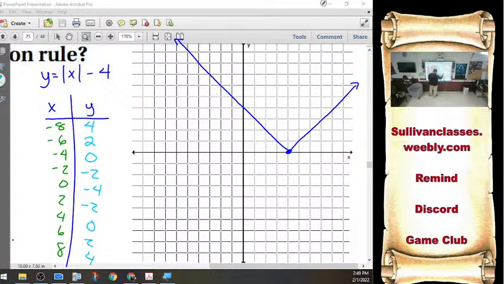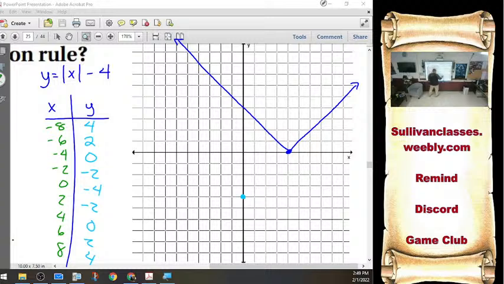So I get, ding, put all those in the wrong spot. That'll be the vertex of an absolute value function.